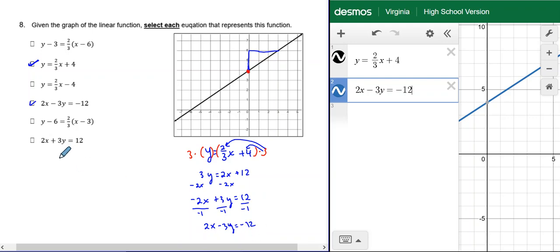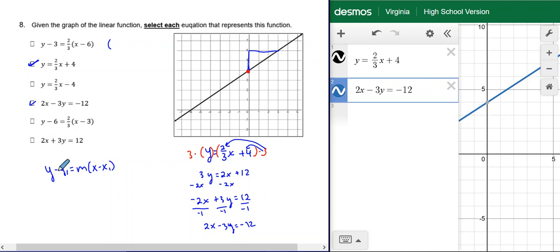And then finally, the last one looks like point-slope form. The point-slope form, if you remember, has the slope here, and then we use one of the coordinates to find the point-slope form. So let's see, this coordinate right here, just take the opposite sign, because the point-slope form has it like this.